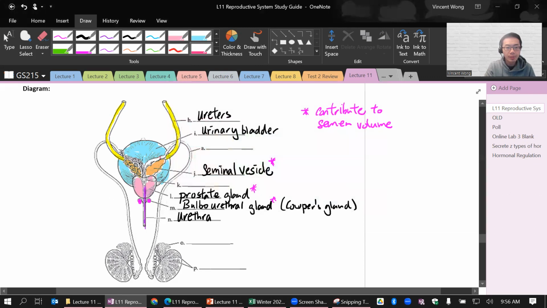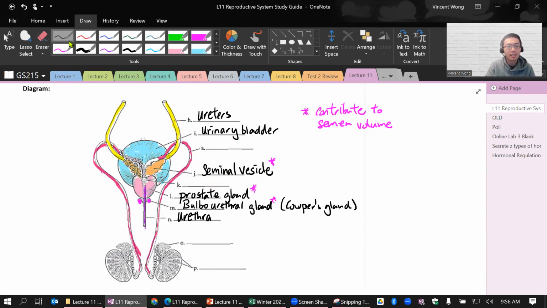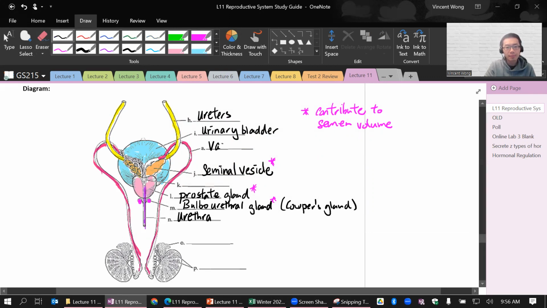So there are two tubes here that carry the sperm from the testicles all the way to the urethra. These are called vas deferens.